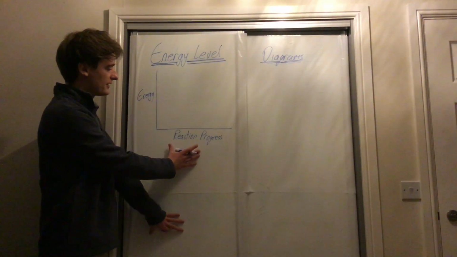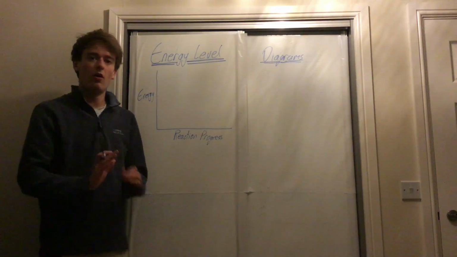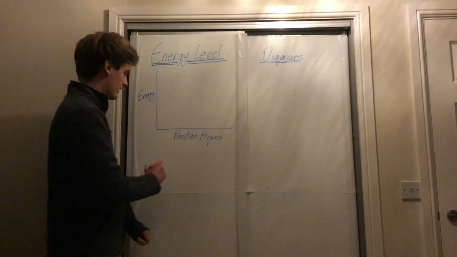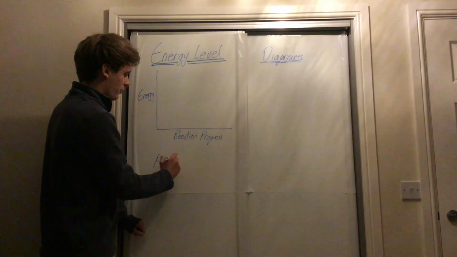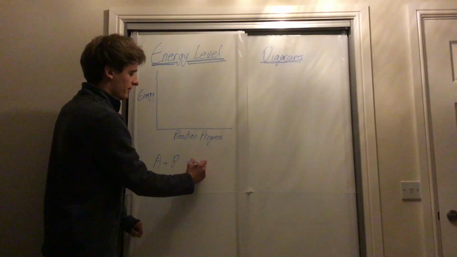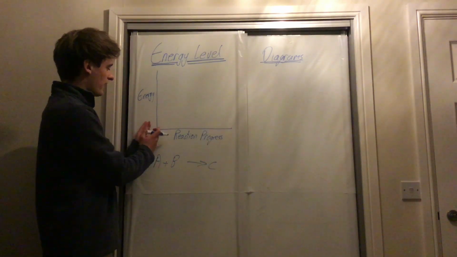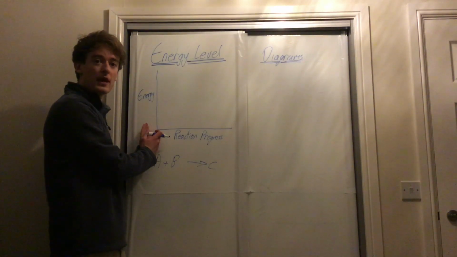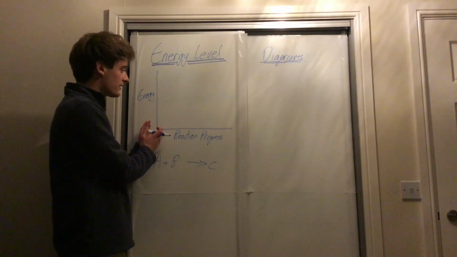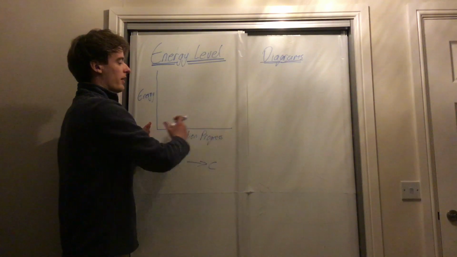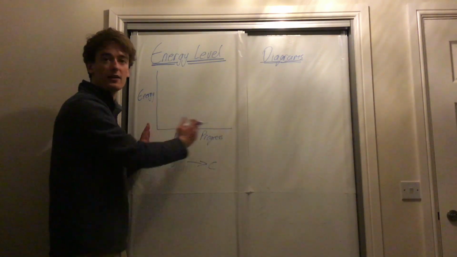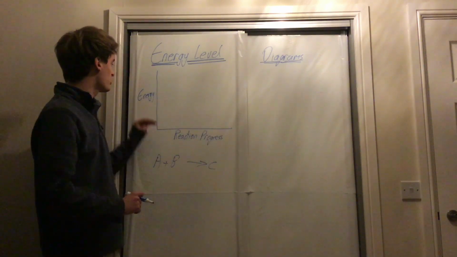All it really is, is a measure of how complete the reaction is. If we imagine the simple reaction A plus B to C, over here we've really just got A and B, our reactants, and over here we're forming our products, and it's a scale as we go across of completion of reaction.